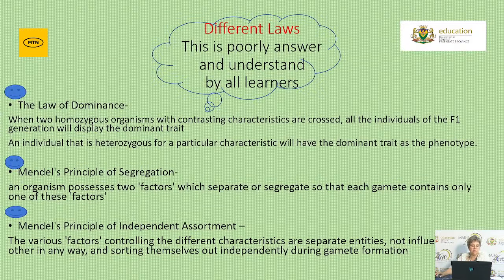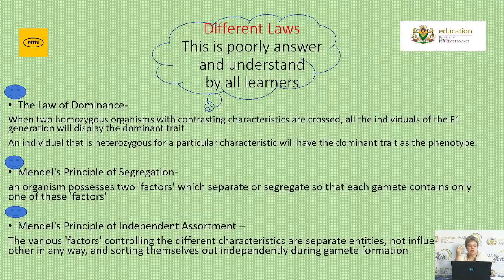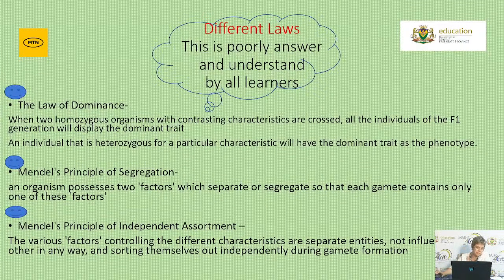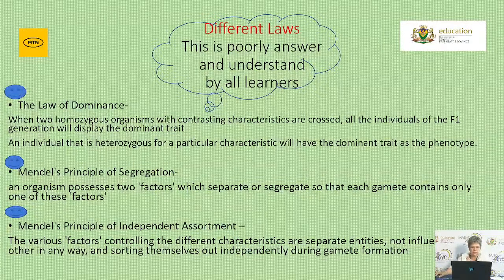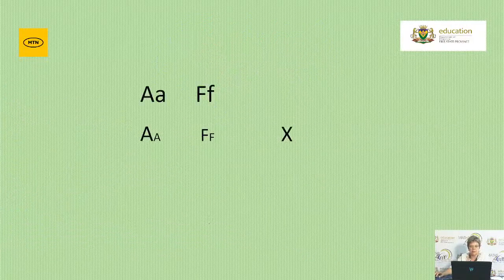So Mendel's principle of segregation in monohybrid crossings: no two alleles will, during meiosis, go into the same gamete. So alleles will separate. Make sure, especially your level 7 learners who struggle with this when we ask it in the exam, that you know your definition and that you can apply your definition to an example.